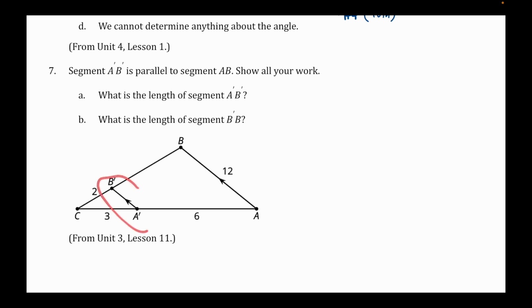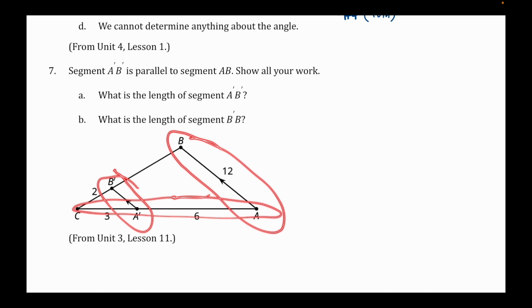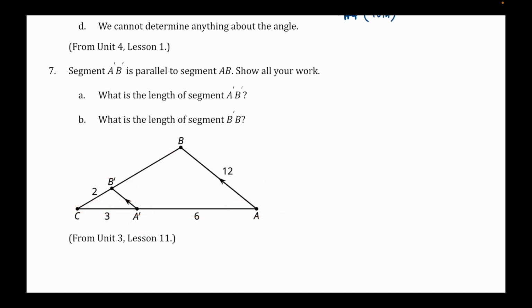But because A prime B prime is the entire length of the side here, we have to use whole side lengths of our triangles in order to find that, because we have to compare things that are corresponding. So the length of A prime B prime. Okay, so I am going to compare the small triangle and the big one, so the 3 and not 6, but the whole thing here, which is 9.